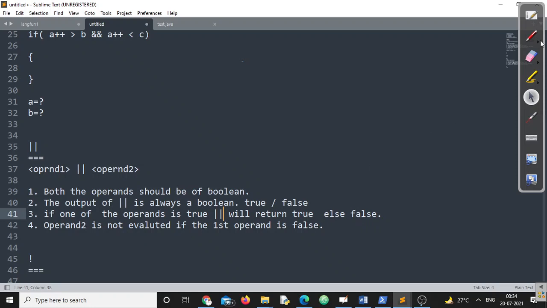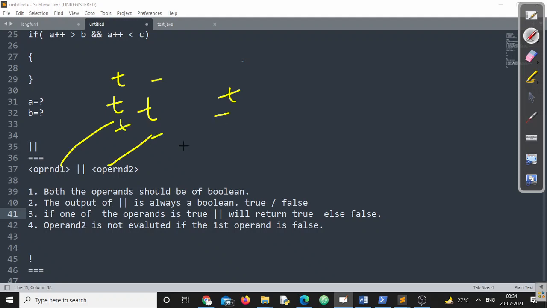That doesn't mean that only if both the operands are true will OR produce true. If one of the operands is true, it also produces true. It only produces false in one case. If both the operands are false, then 100% it will give me a false value, right?